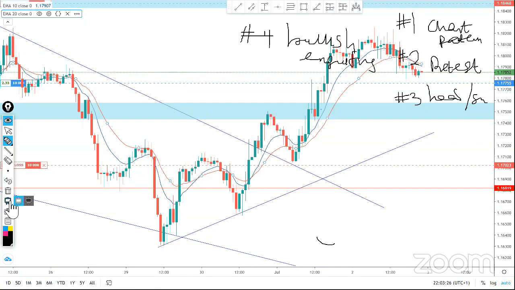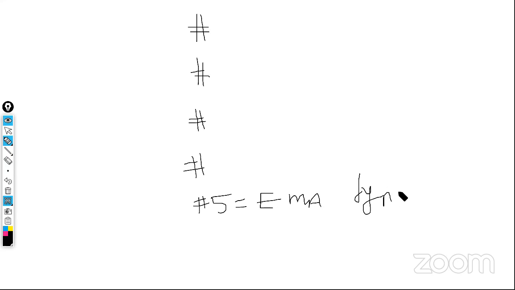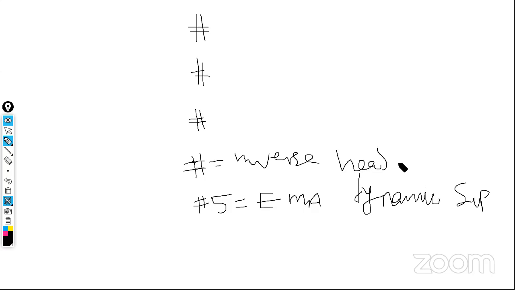I'm going to put this on the white screen so you can figure it out. We have 5 factors. I have the EMA acting as dynamic support. I have the inverse head and shoulder.